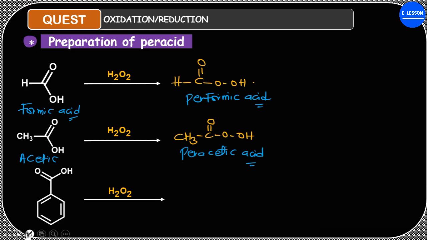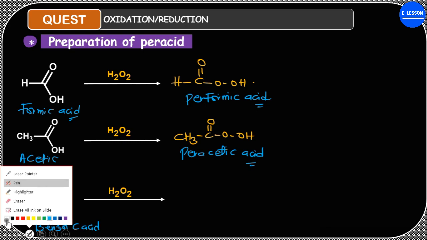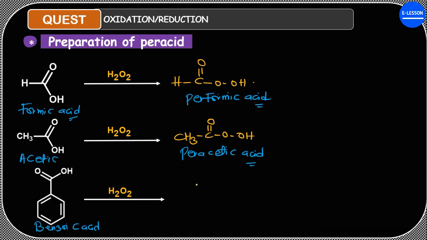Now this is benzoic acid on a normal note. Now if you react it with hydrogen peroxide, it's going to give us perbenzoic acid, which is something like this. This is the normal benzene ring, and then I have this, and then I have O, and then OH, and then you have oxygen O here.